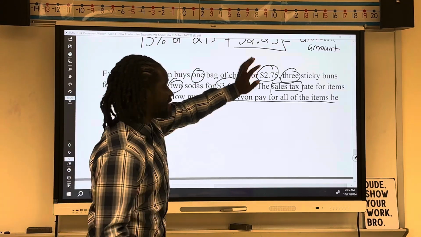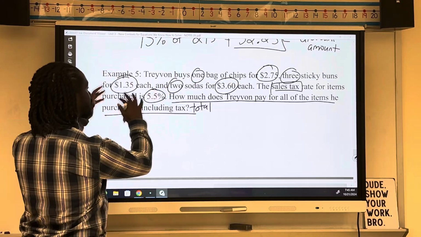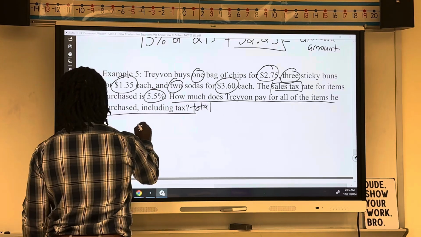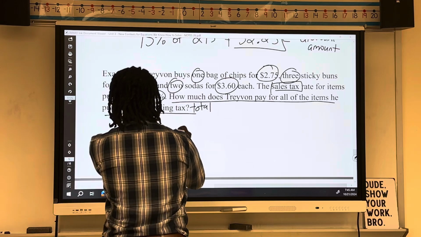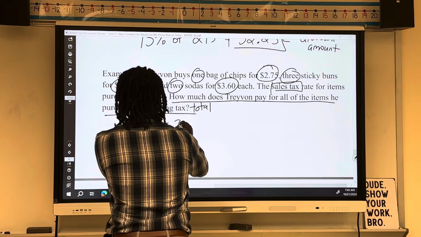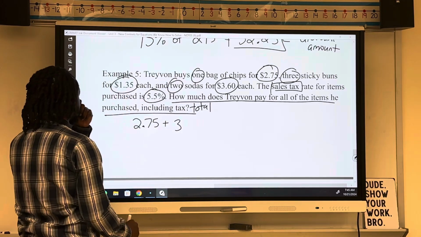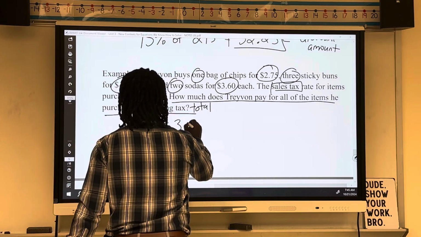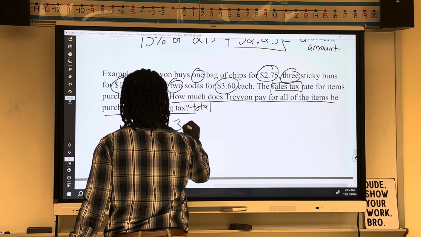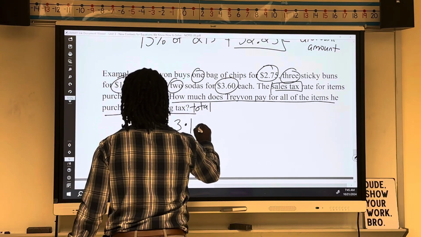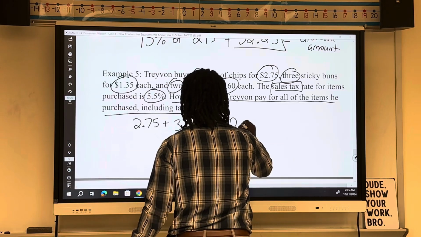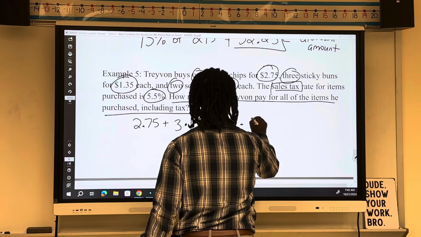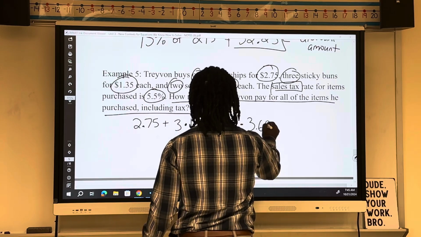So because I have multiple purchases, I need to figure out, okay, what's that subtotal? All right, so I got $2.75 for the chips, plus I got 3 sticky buns for $1. So I'm sorry, I gotta multiply that. So 3 times $1.35 plus 2 sodas, so 2 times $3.60, okay?